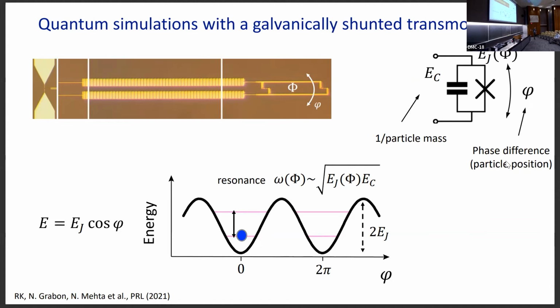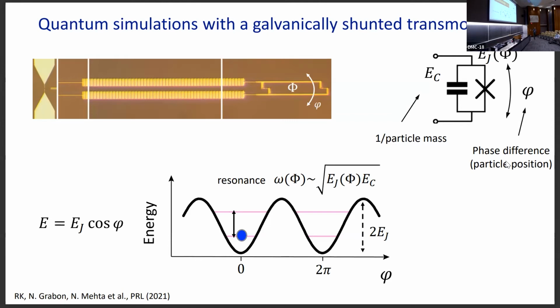Cosine potential in phi, this phase, given by the Josephson relation, where Ej is the Josephson energy. And then if this potential is deep enough, there will be some levels. So if there are 2 levels, you can get a kind of a qubit. So there will be a resonance transition between ground and excited state, given by, again, this Josephson energy.